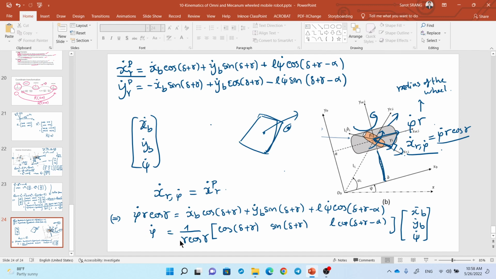And then if we say this is for wheel I, I can put I here, put I here, or I here, for wheel I, Li. Okay. So this is the relationship between angular velocity of one wheel I to the velocity of the robot.